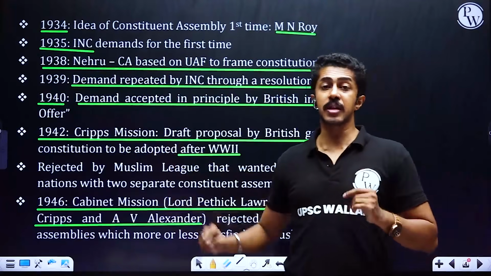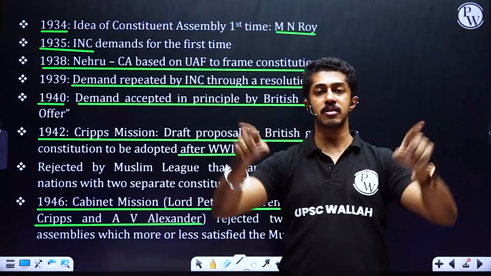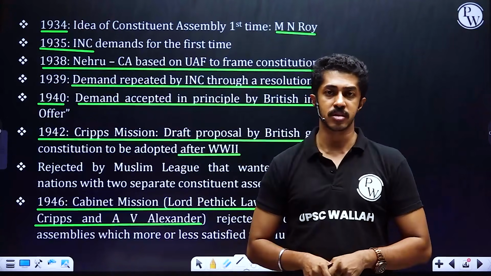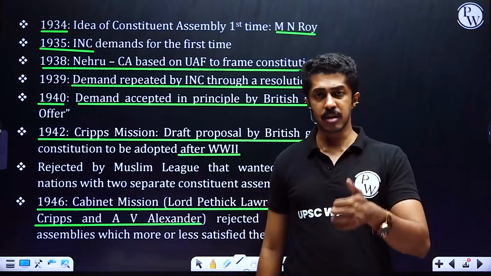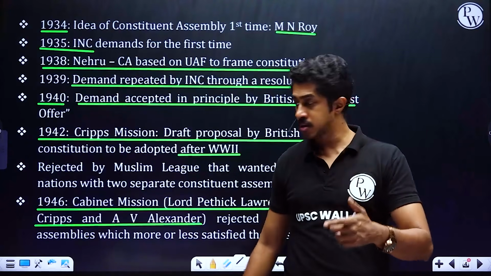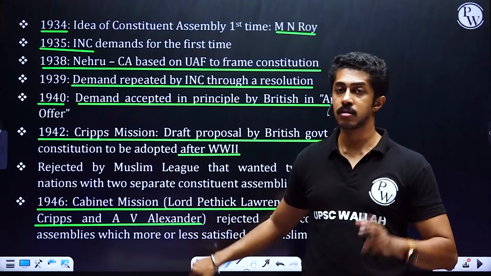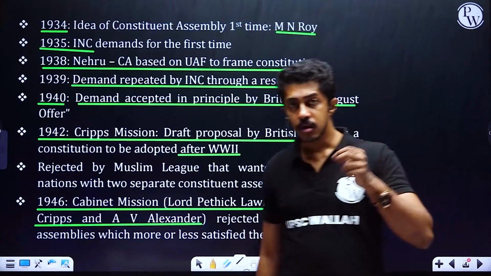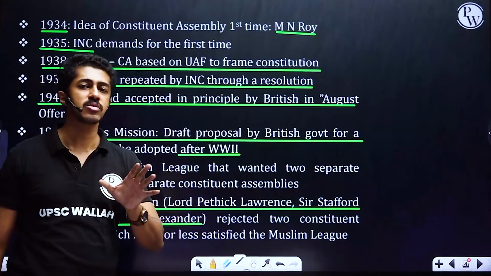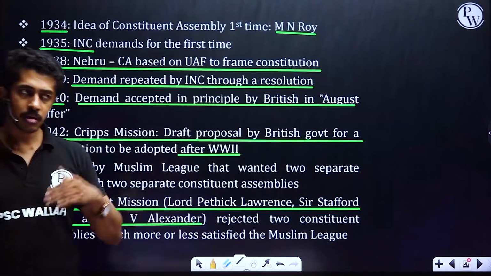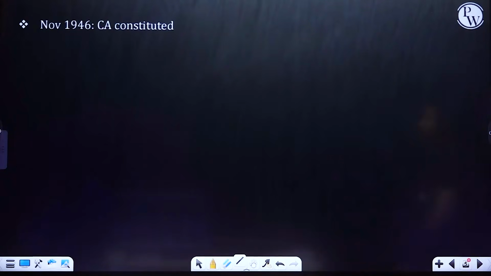This was rejected by the Muslim League because they wanted two separate constituent assemblies, two separate countries. 1946, the Cabinet Mission. Pethick Lawrence, Cripps and A.V. Alexander. Three people involved. Somewhere they rejected two constituent assemblies, but it somehow satisfied the Muslim League. Taking it further forward, November 1946, the CA was constituted.